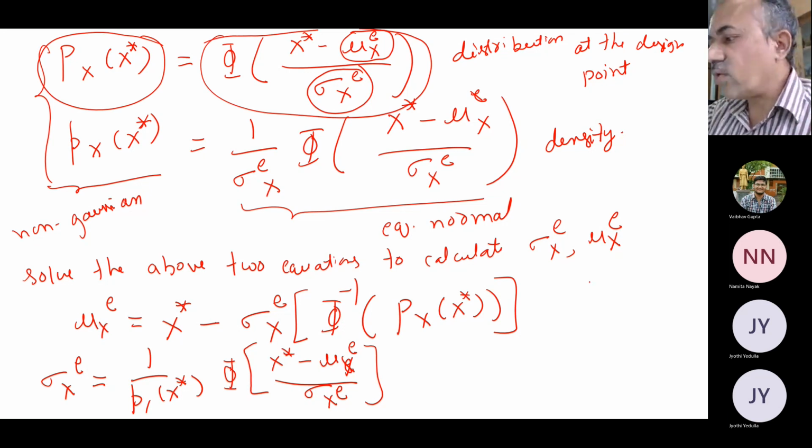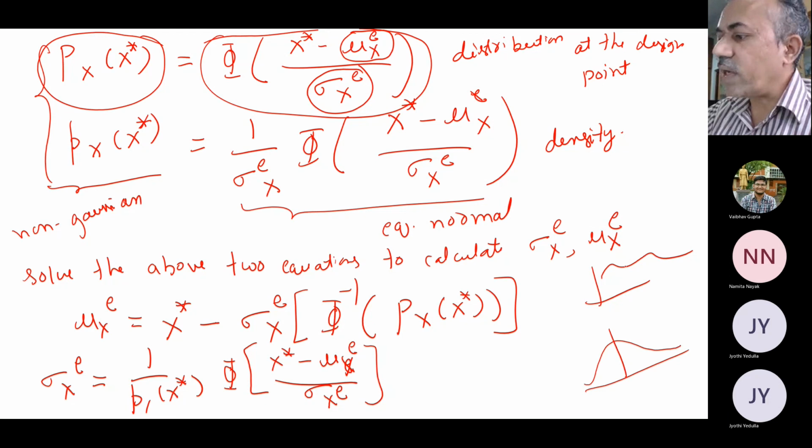If I have a non-Gaussian distribution, something like this, and a Gaussian distribution, let us say this is my probability, some 0.2, and this is a design point corresponding to it. Now in the normal distribution also, you try to find where my 0.2 probability is, the corresponding point for the same probability.